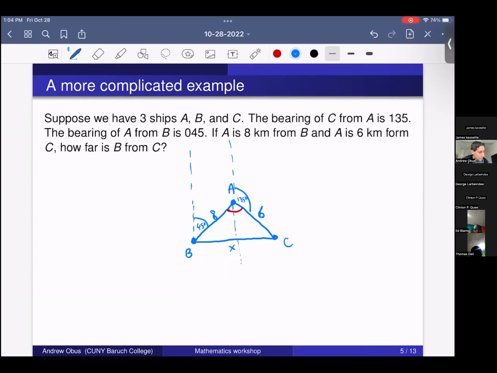Do you want that line or not? Yeah, another one horizontally. Okay, yes, like this. Okay, good.